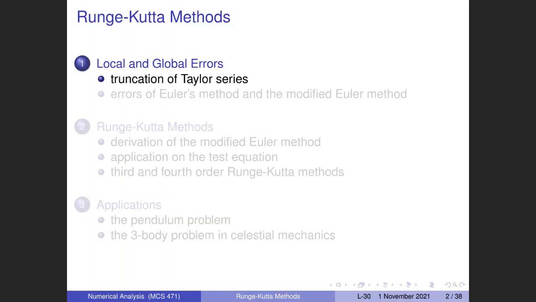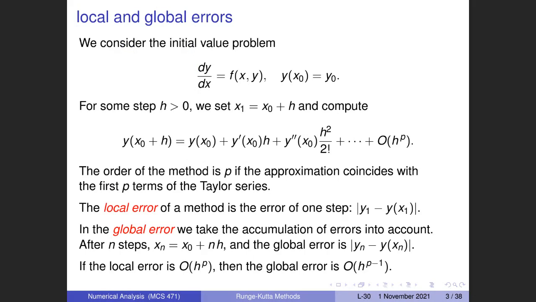All right, let us then recall what are local and global errors, and we will see that this definition immediately follows from the truncation error of the Taylor series. Okay, what are we solving again? We're solving an initial value problem.